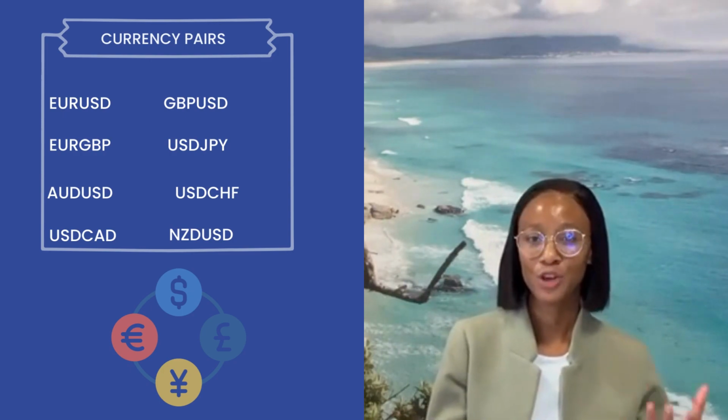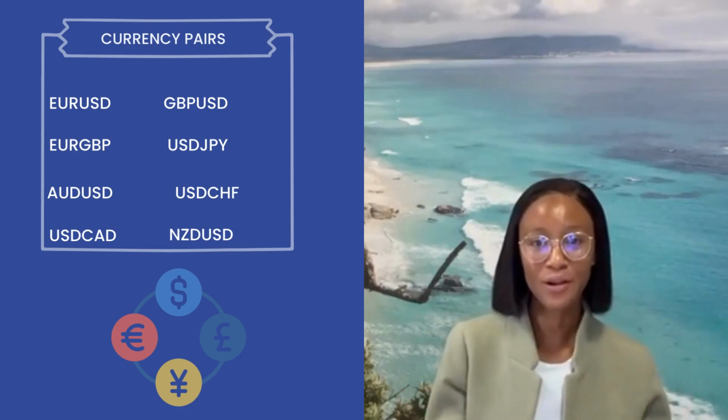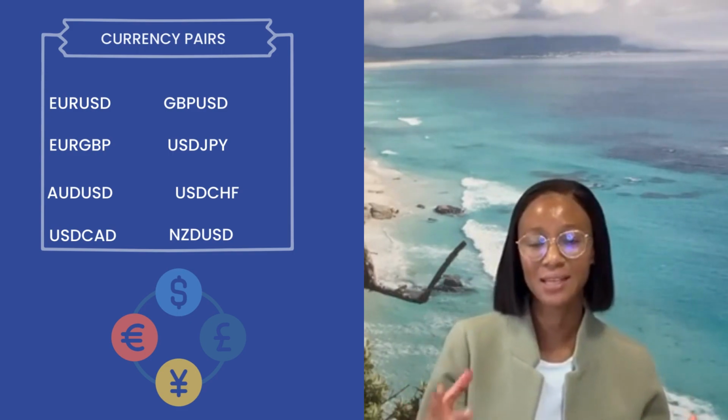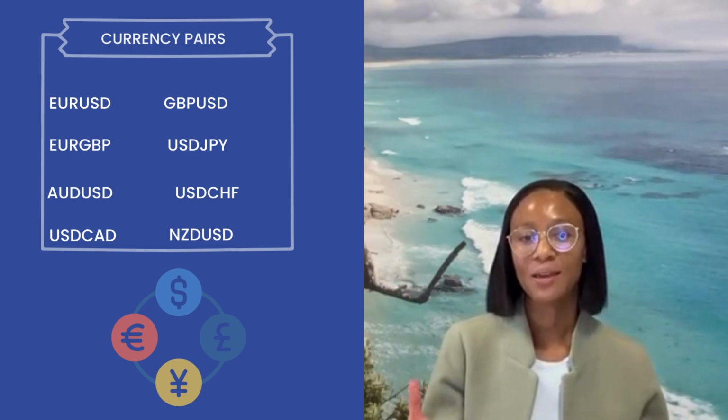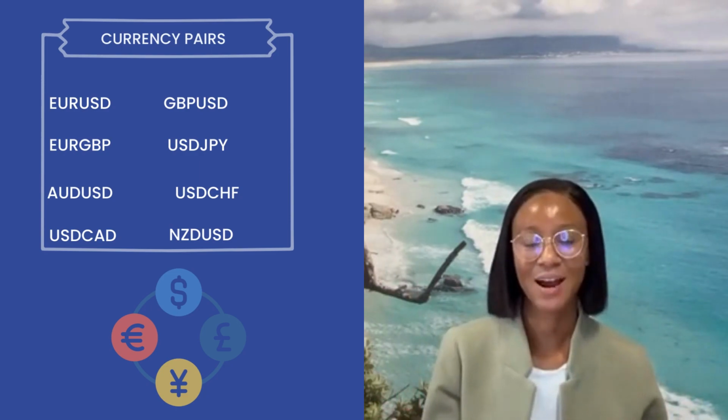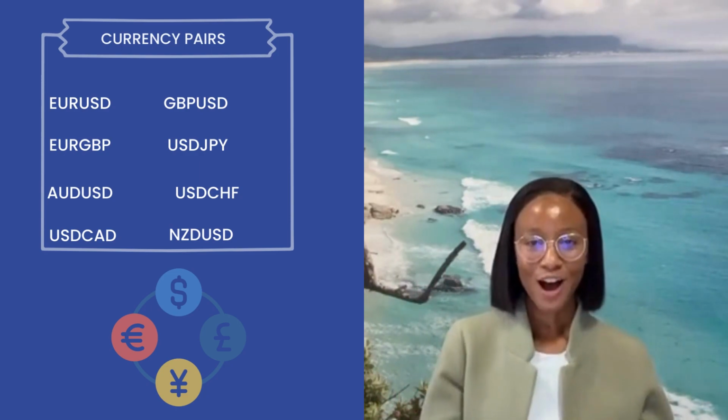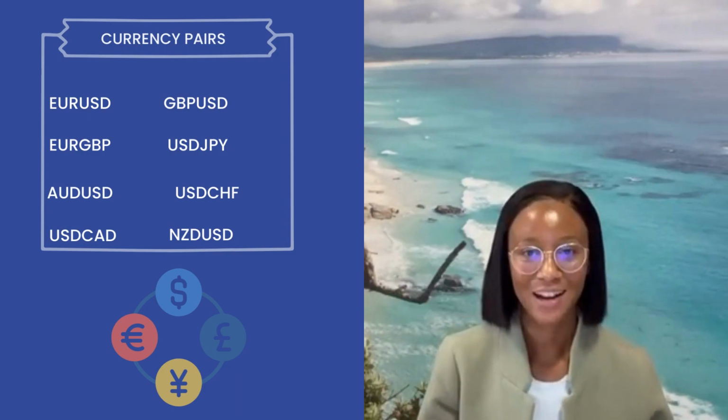So when you're looking at the euro dollar, the euro in this instance would be the base currency and the dollar would be the quote currency. All right, so here's a couple of currency pairs you can look into.